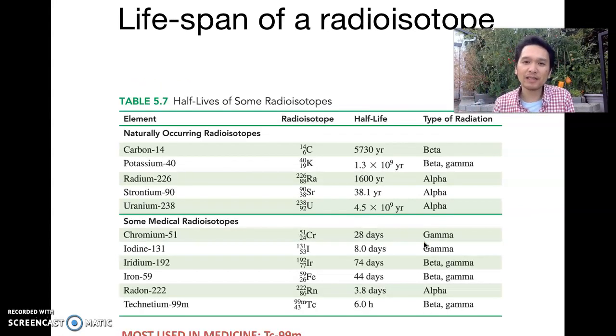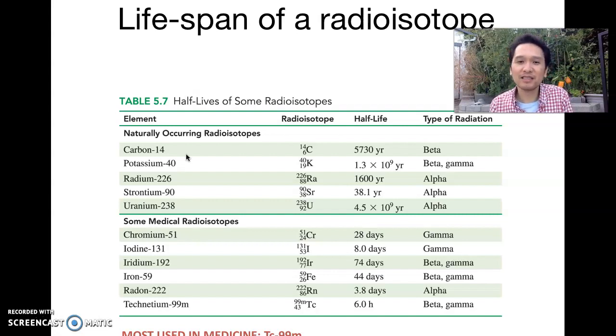So every isotope has its different half-life. You can call it a lifespan. Some things are very, very long-lived. For example, the isotope carbon-14 has a half-life of 5,730 years.